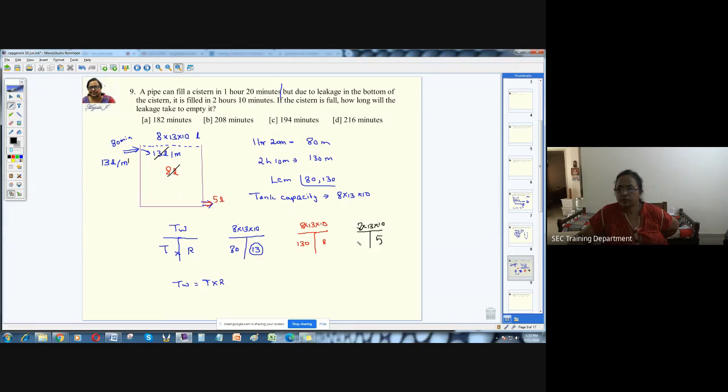So you're going to have this divided by this. 8 into 13 into 10 divided by 5. This is 104 into 2, which is 208. 208 is what? Minutes. That's the answer. Clear now?